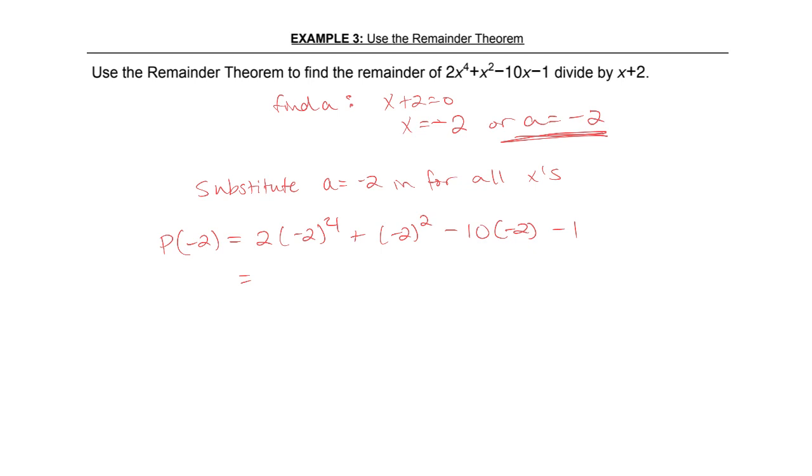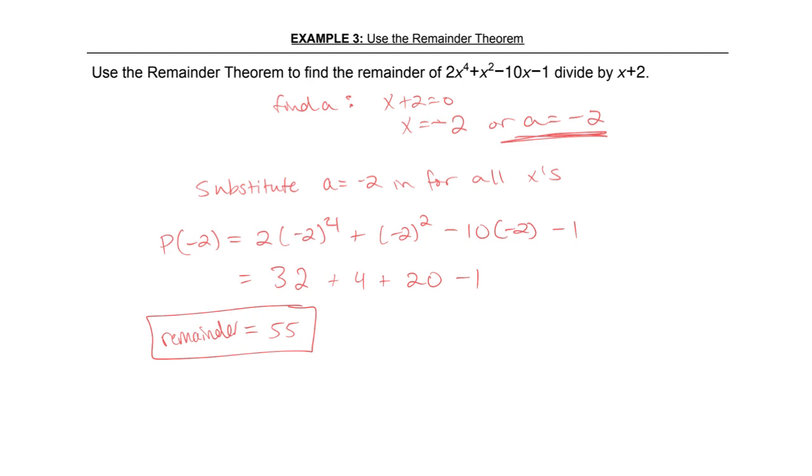Right, so we get -2 to the 4th is 16 times 2 is 32. -2 squared is positive 4. -10 times -2 is positive 20 minus 1. So our remainder is equal to 55.